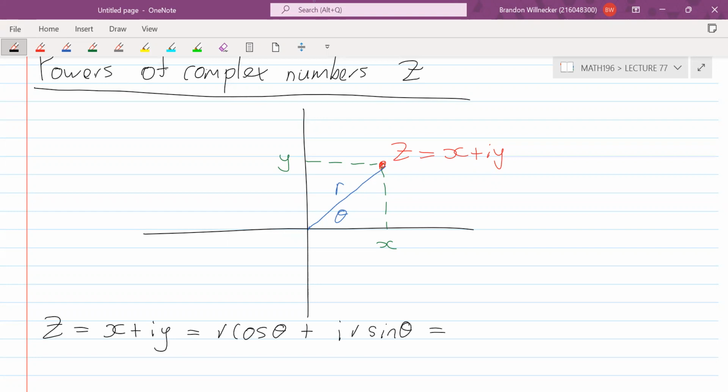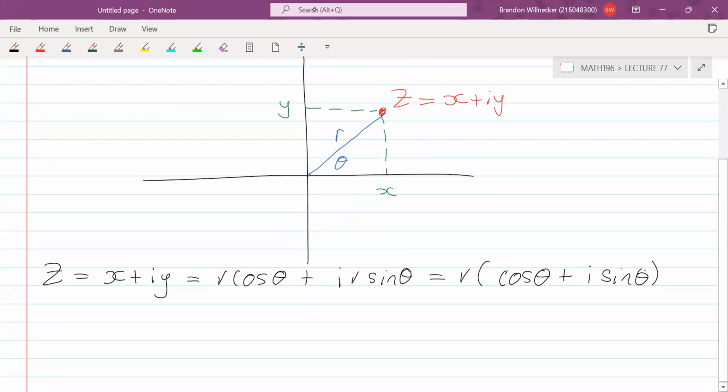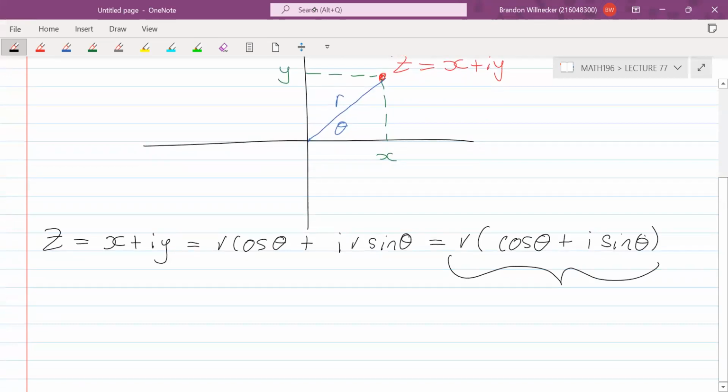And we've got r on both terms, so we can factor that out. So we get r times cos theta plus i sin theta. So we call this the polar form of z, because it's just z written in terms of polar coordinates.